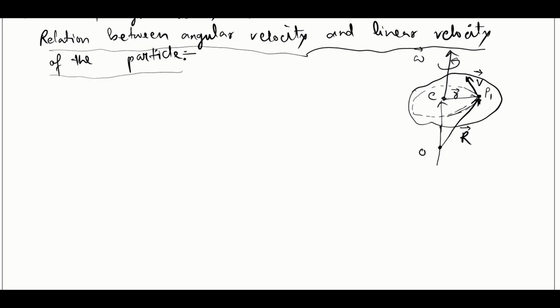This particle is rotating in this circle of radius small r vector, and from the origin this point lies at a position vector R. So we multiply this omega with the R vector.